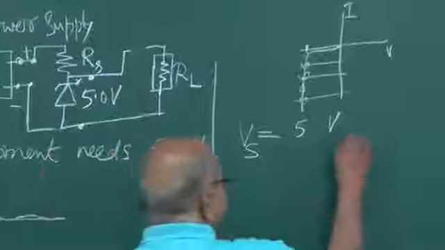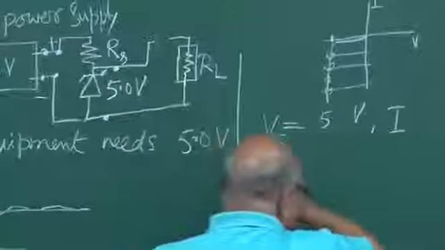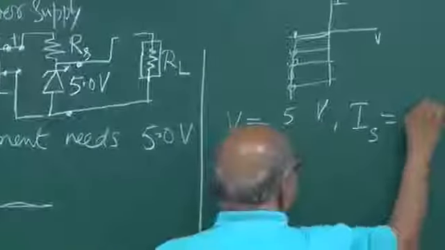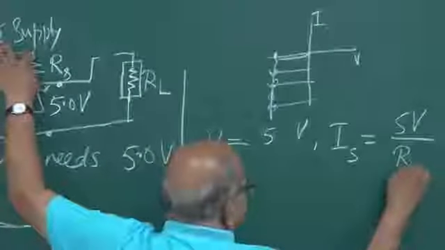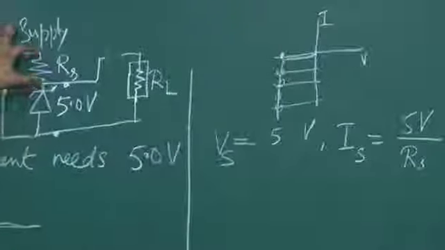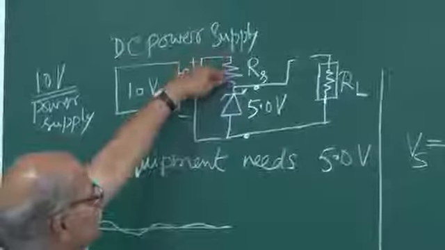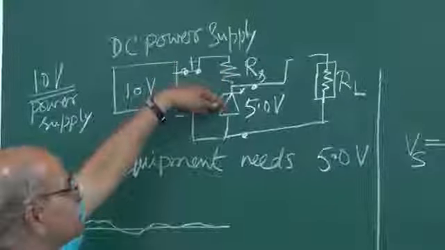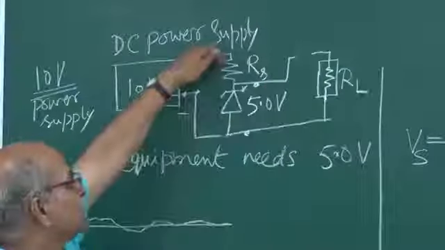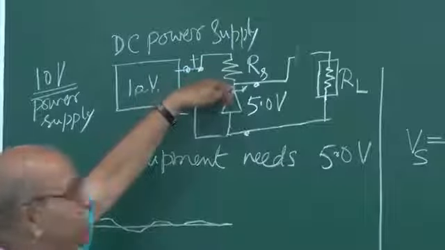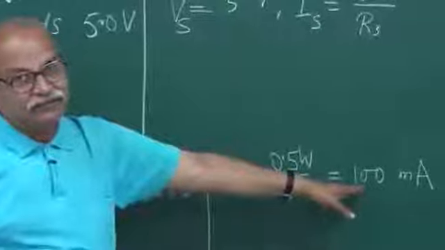Nevertheless, what is the current through this RS? That current will be 5 volt divided by this RS. Voltage drop divided by resistance will be the current. But that same current is going through the Zener, because I have already broken this part. And that current should not exceed 100 milliampere.